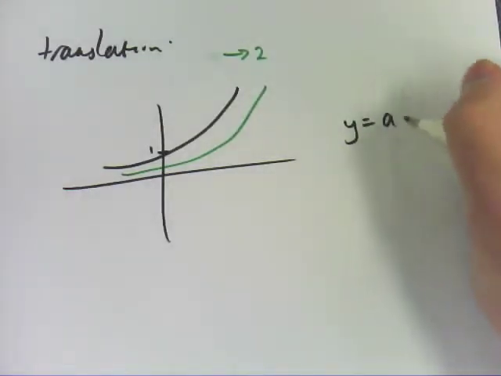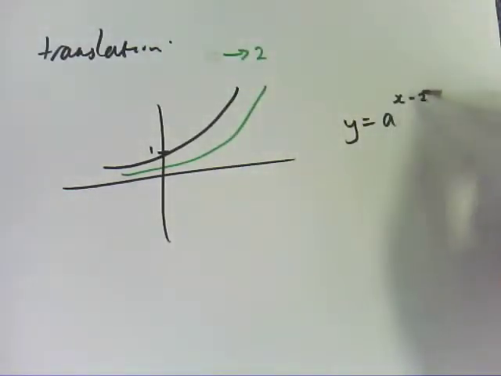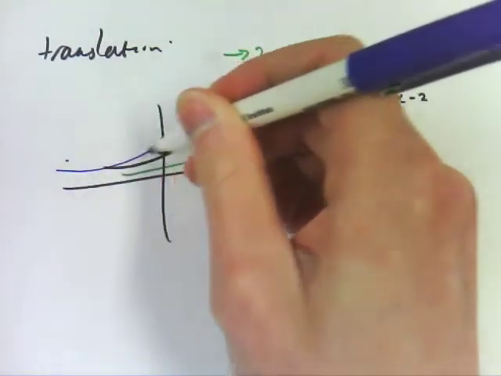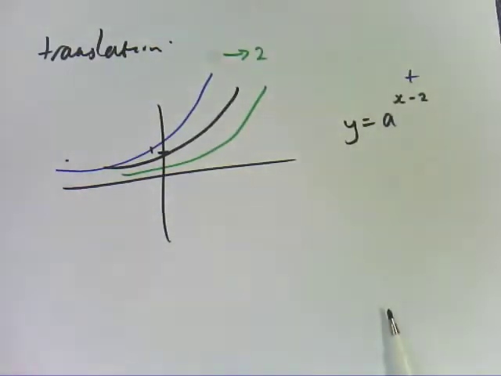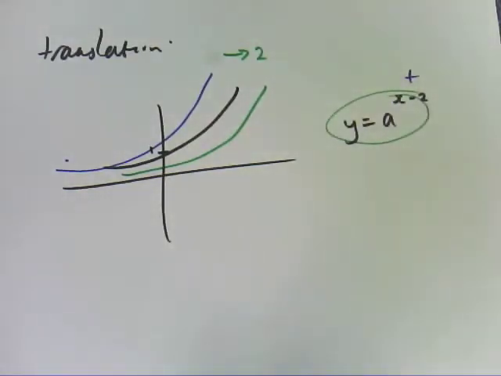It would be a to the power of x minus 2. Alright, remember it goes the opposite direction to what you think. So if you're moving it towards the positive, it's a negative, and it's within that bracket just like before. Alright, it's within that bracket. If I moved it back the other way, so if I'd moved it back here, alright, that would be a plus 2. Alright, so that one's green.